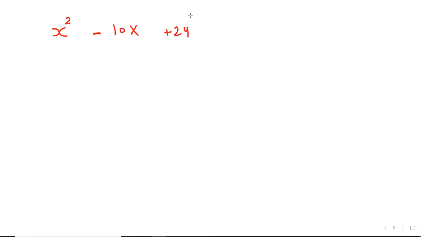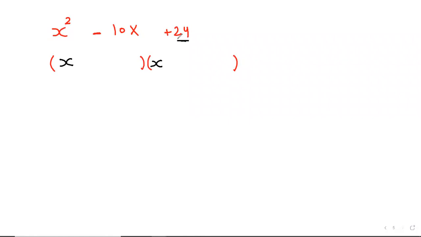Factorizing again means writing the expression as a product of 2 factors or 3 factors. Here we have a trinomial because this expression has 3 terms. And x squared, we can get it from multiplying x by x.